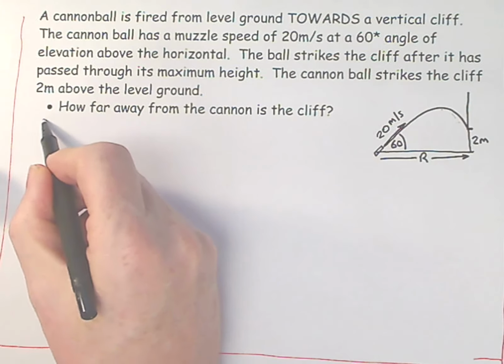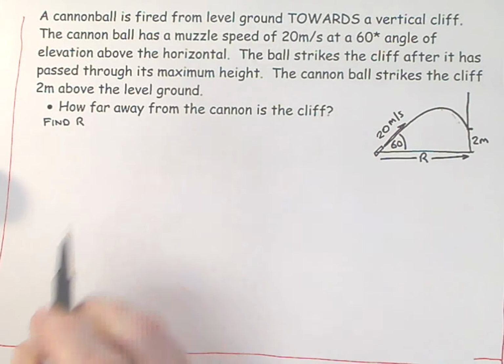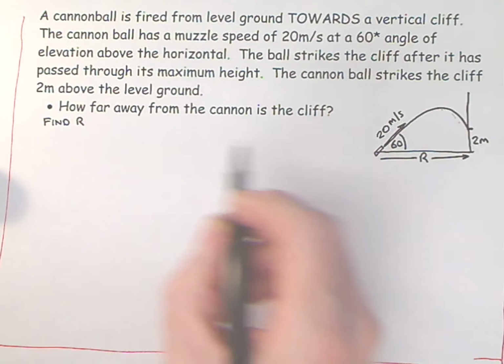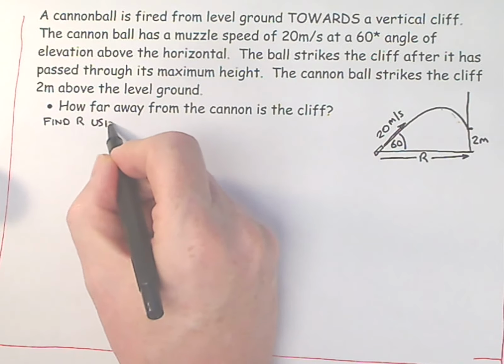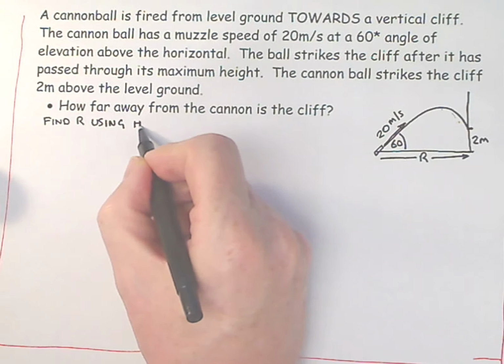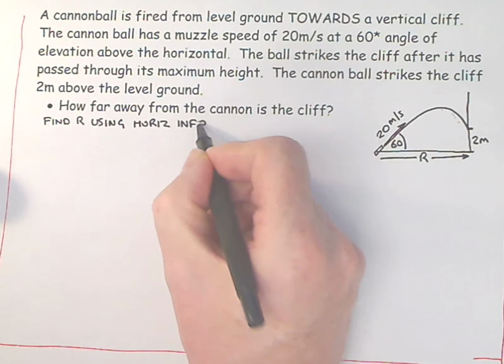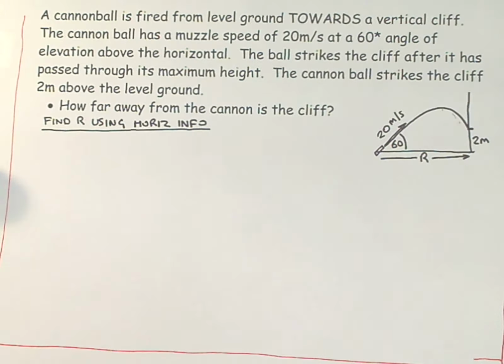So we say find R, and I'm only going to use either horizontal or vertical information, and in this case R is horizontal, so we're going to say find R using horizontal info. You always decide, am I going to use horizontal or vertical information to begin with?